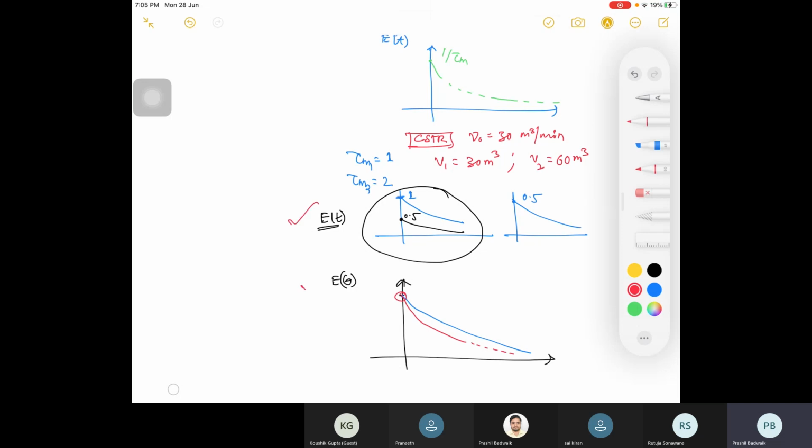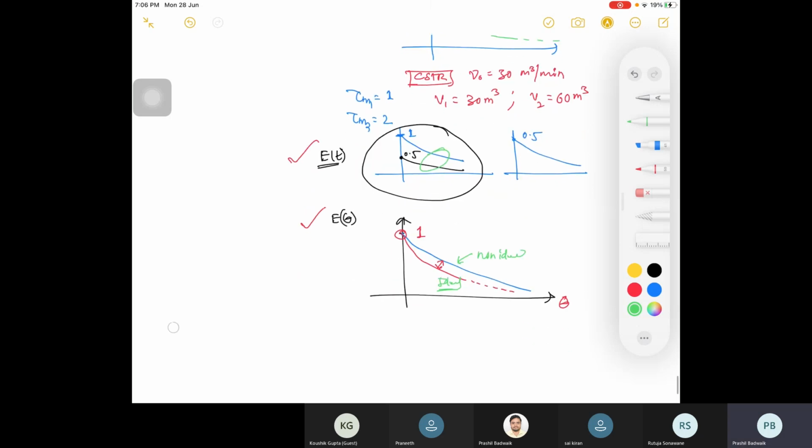Which one is easier for comparing non-ideal reactors? E theta, because when they start from the same point, 1, you can compare how the non-ideal one deviates from the ideal. With E(t) you cannot compare, because they start from different points. So that is why we consider E theta instead of E(t).